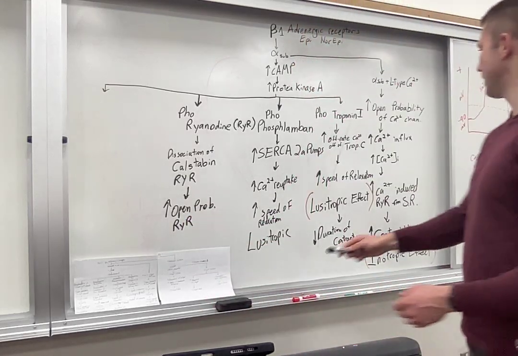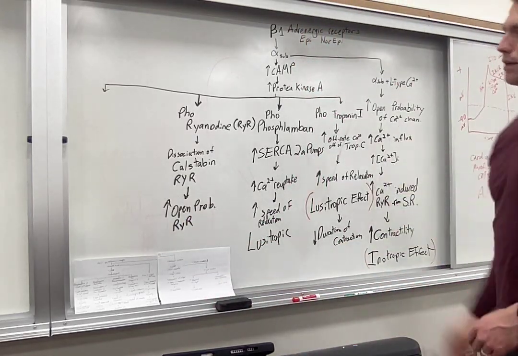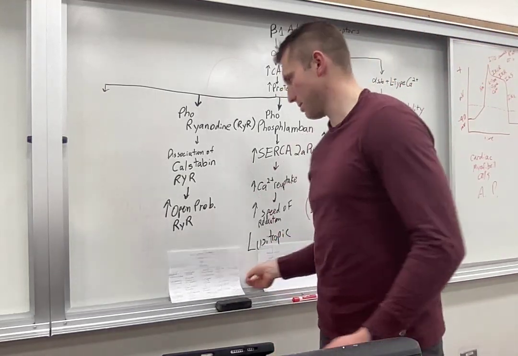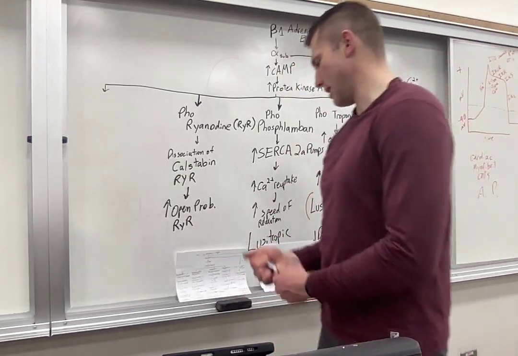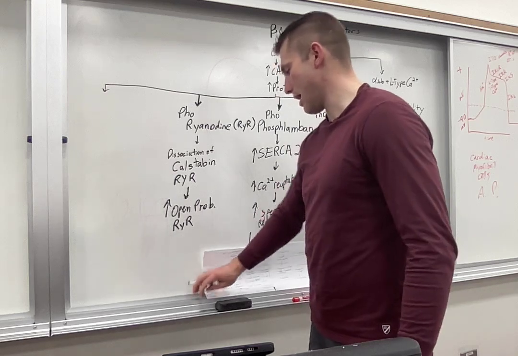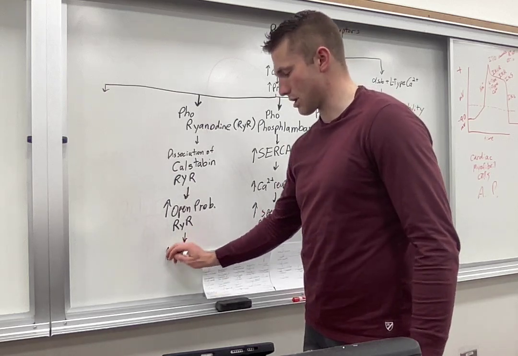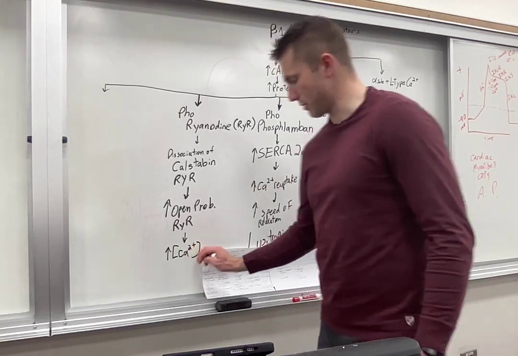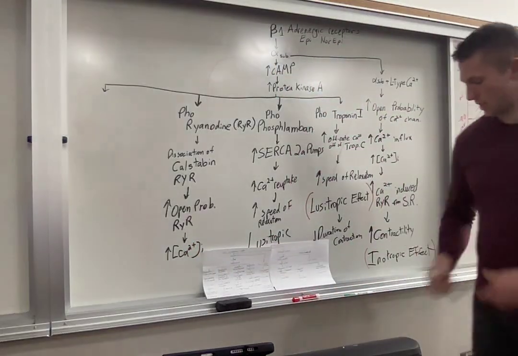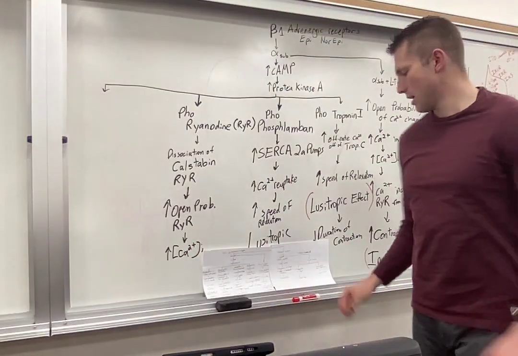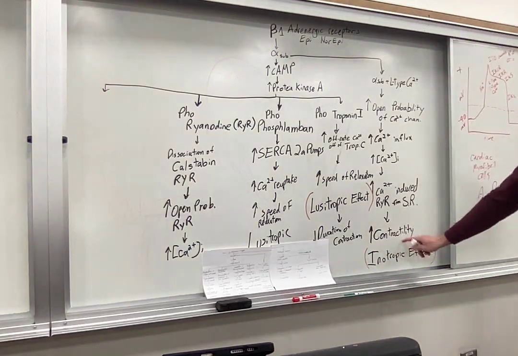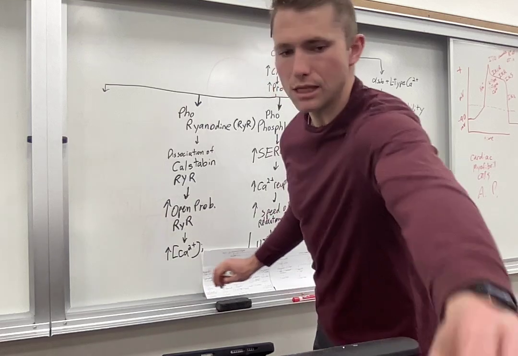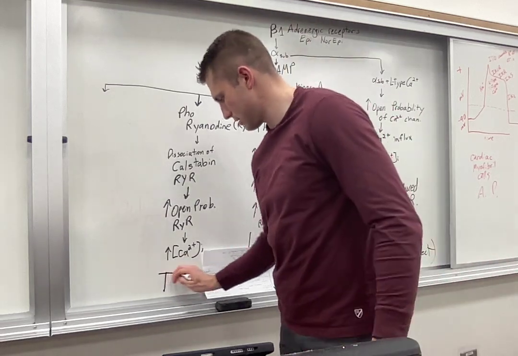So kind of like what we had here, it increases the probability that ryanodine channels will open up, allowing calcium to get out. Okay, I am going to just abbreviate the rest of this. We know what happens when we have more calcium inside the cell. We have contractility, the inotropic effect. So this is the inotropic effect.